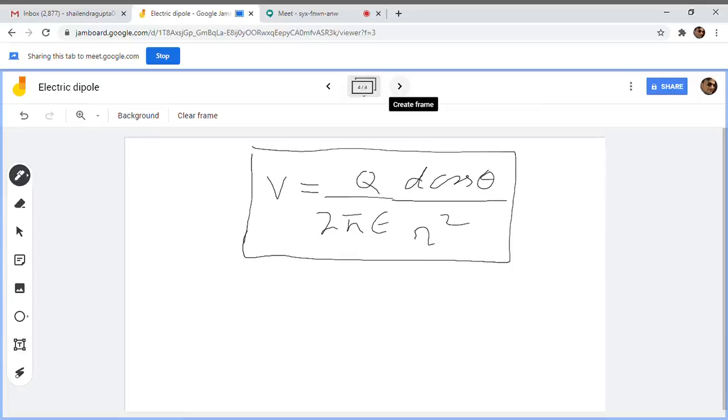Now we can calculate the electric field. How can we calculate the electric field at that point P? That will be just the gradient of V. You know this.